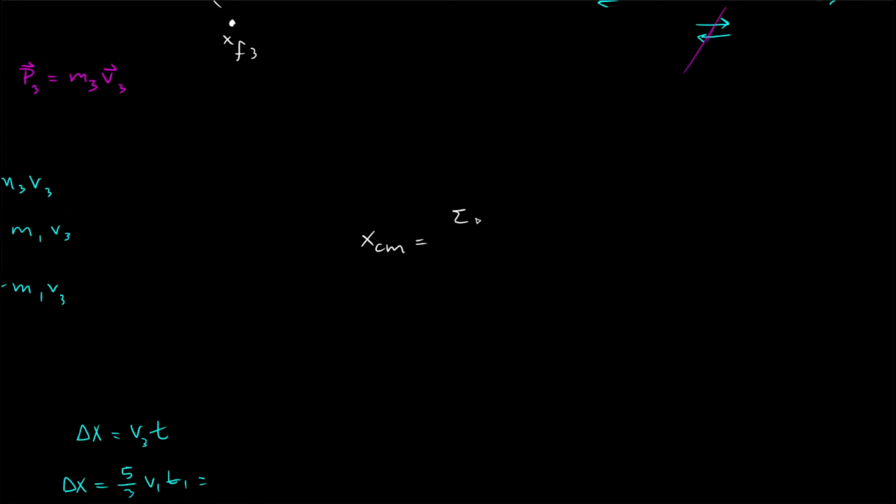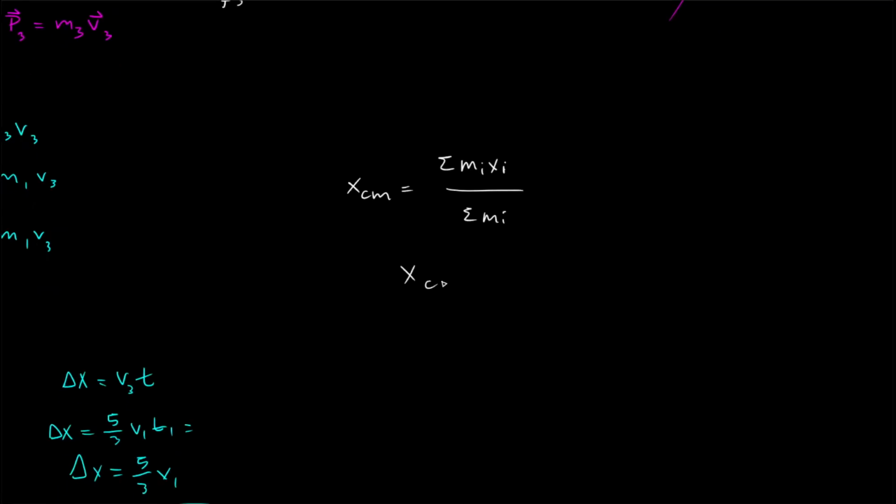So we have the sum of each mass member times its location divided by the total mass.